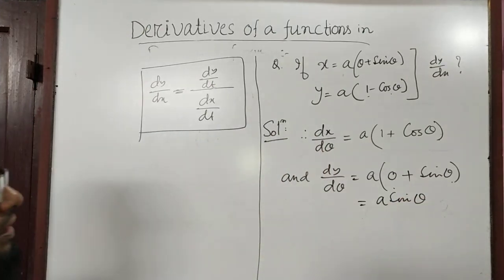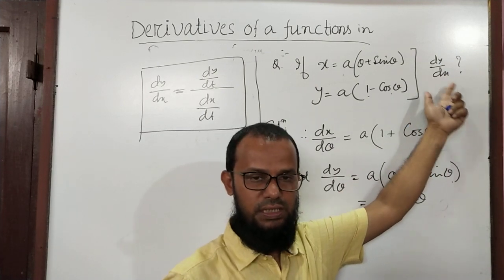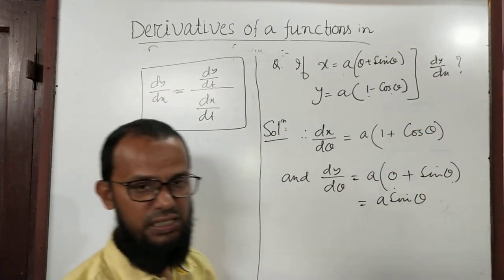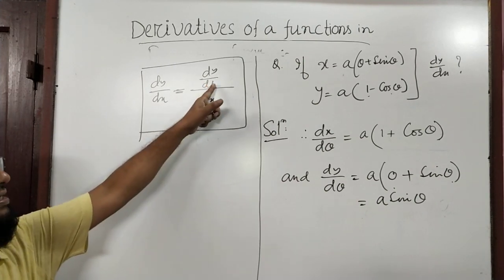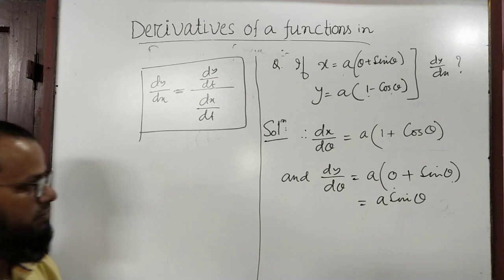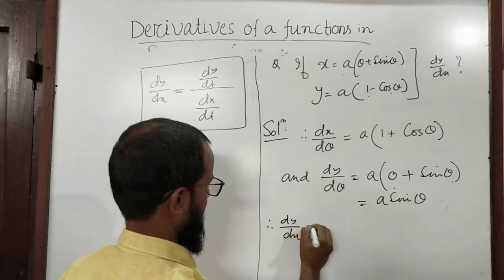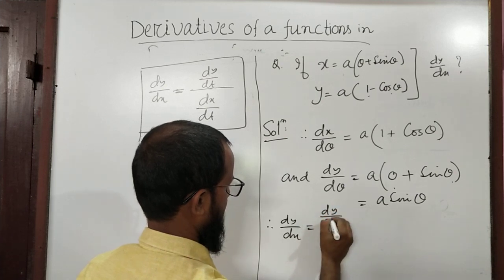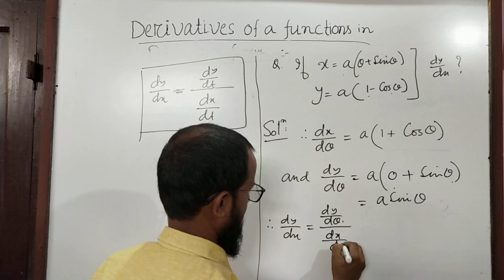Okay. Now you are going to find what? dy by dx. To get dy by dx, you are going to utilize this particular formula. Here t means what? Theta. Okay. Therefore, dy by dx equal to dy by d theta divided by dx by d theta.